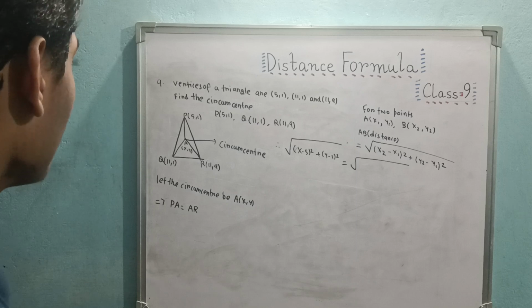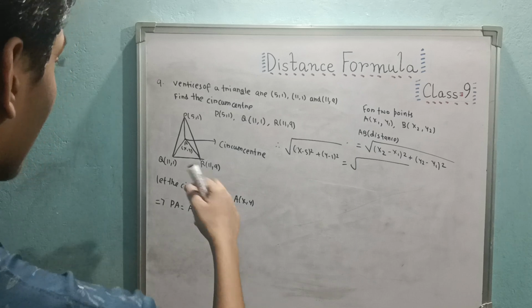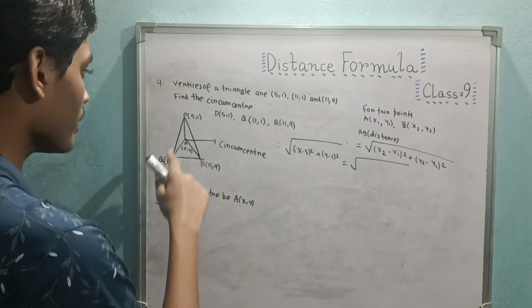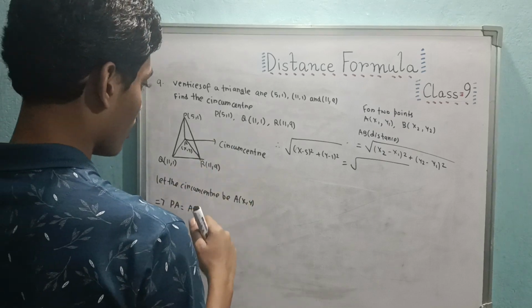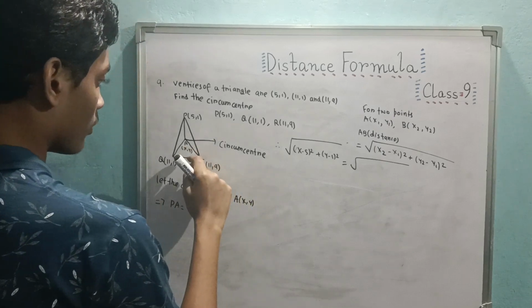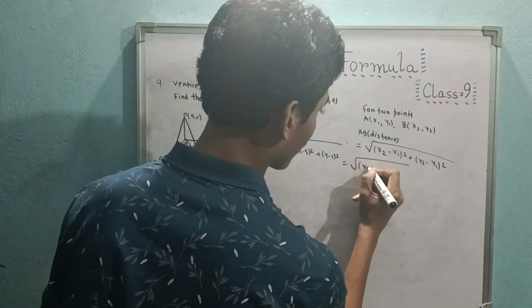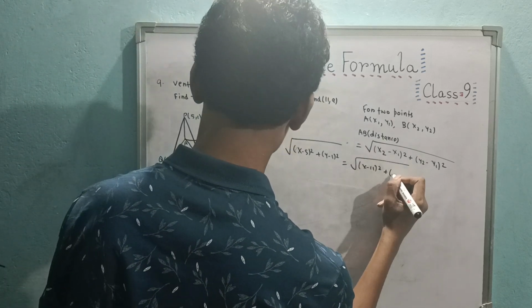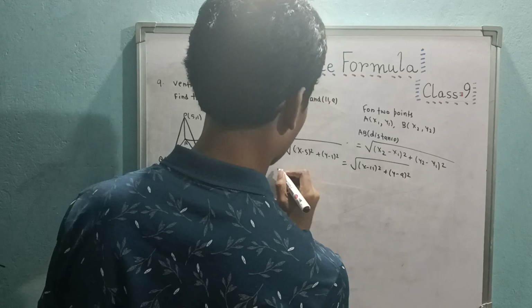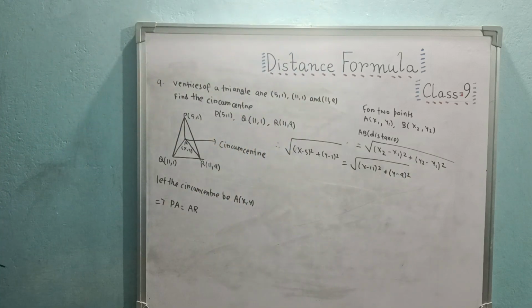AR I have considered. So suppose AR's distance formula will be x1, y1, x2, y2. So root of (x minus 11) square plus (y minus 9) square. So I told PA equal to AR, right? Then do it.